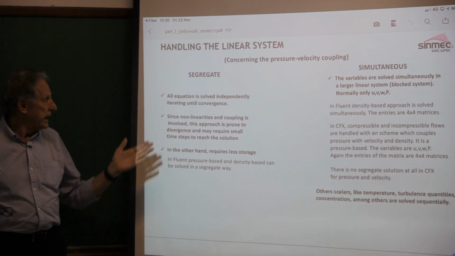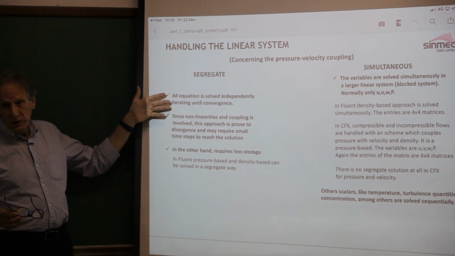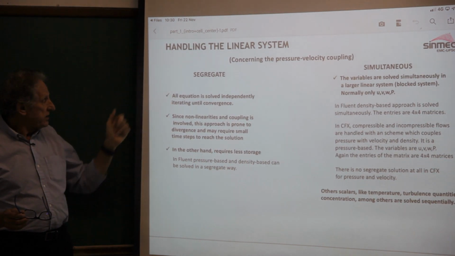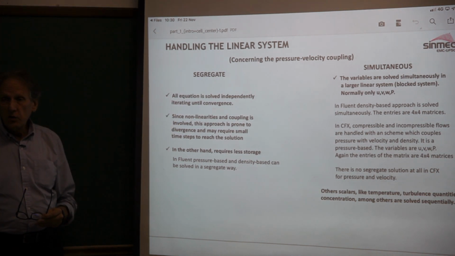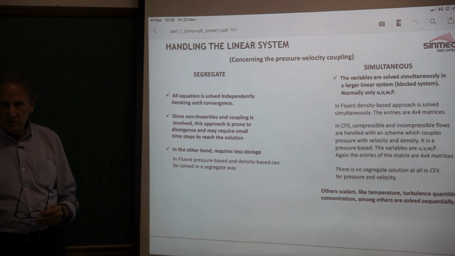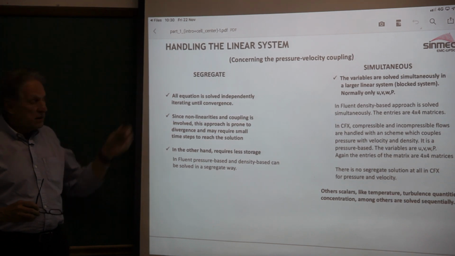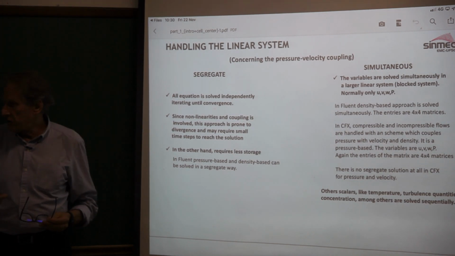What we do in the segregated solutions is that all equations are solved independently, iterating until convergence.